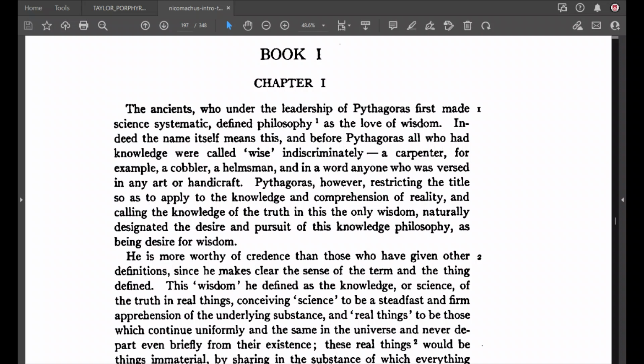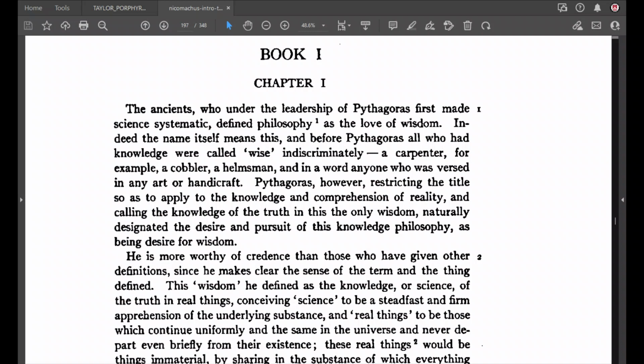Before we get started, I should say something about this book. This book is called The Introduction to Arithmetic. It's an ancient text, originally written in Greek.